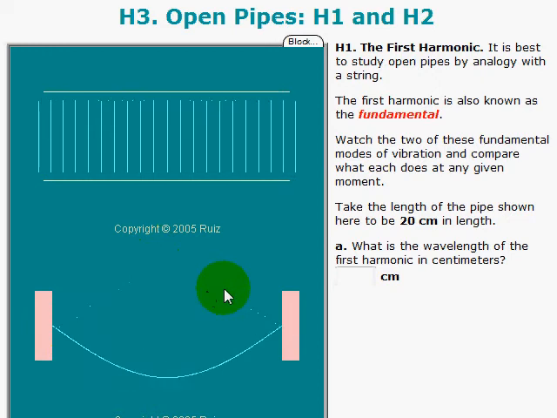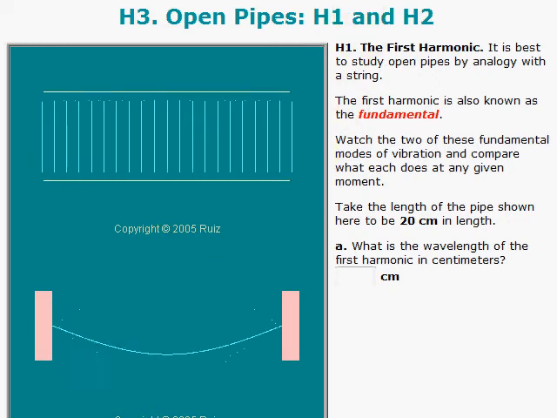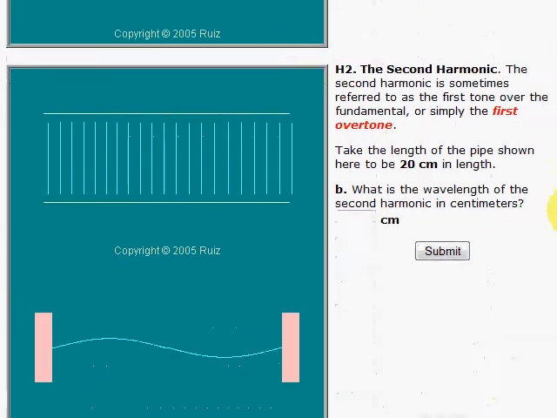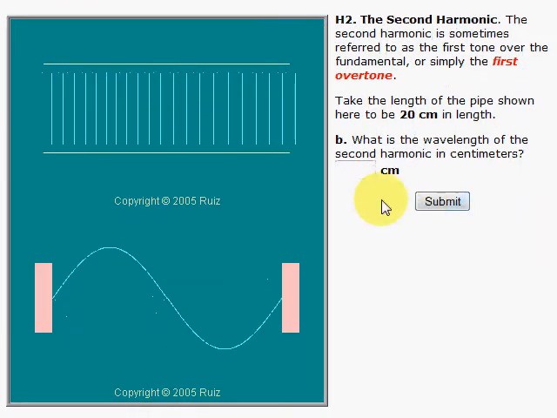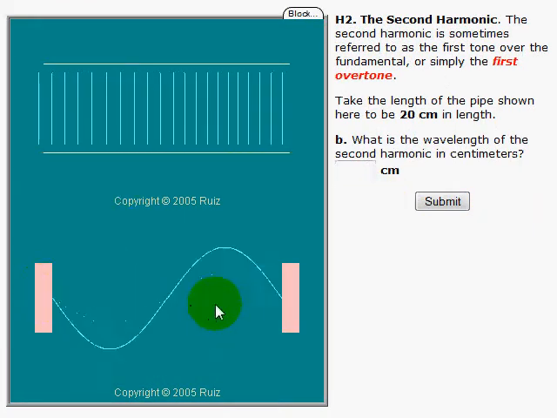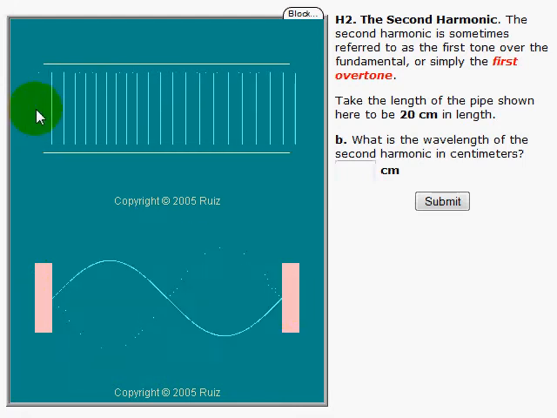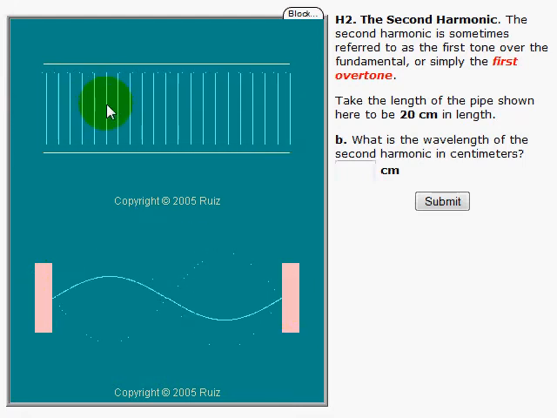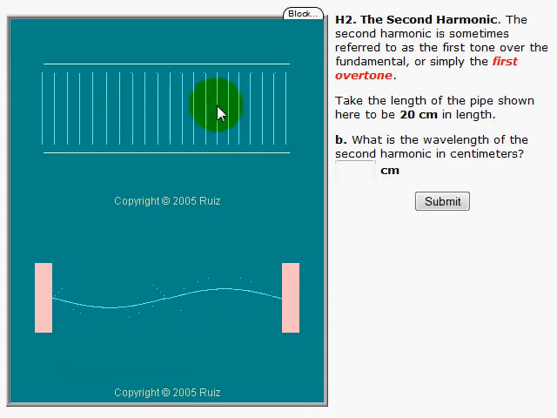But notice the correspondence when you check out each of these. When you go to the pipe and the string, you see here, for example, we have N, A, N, A, N. And here you have N, A, N, A, N. The same configuration.